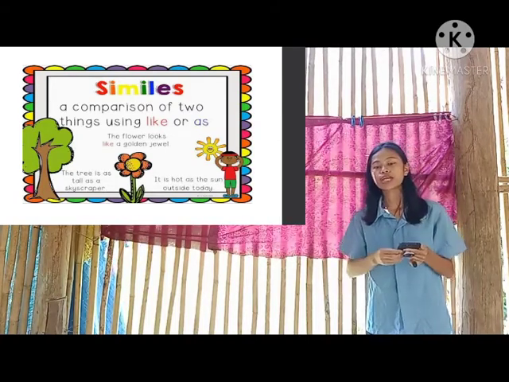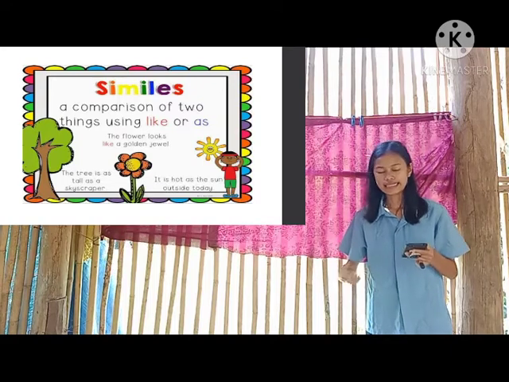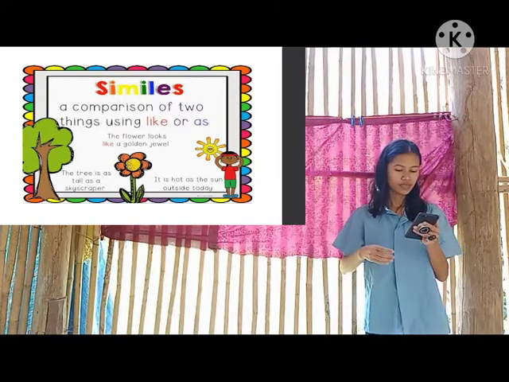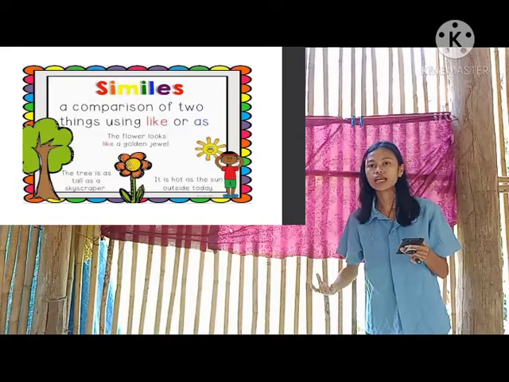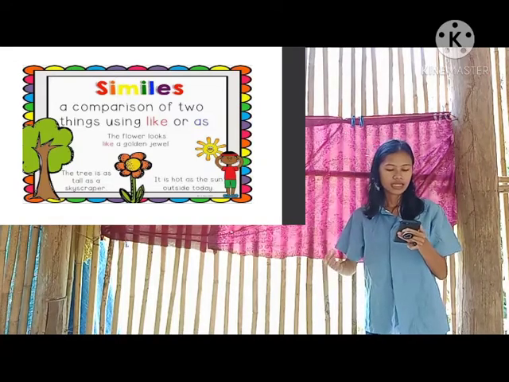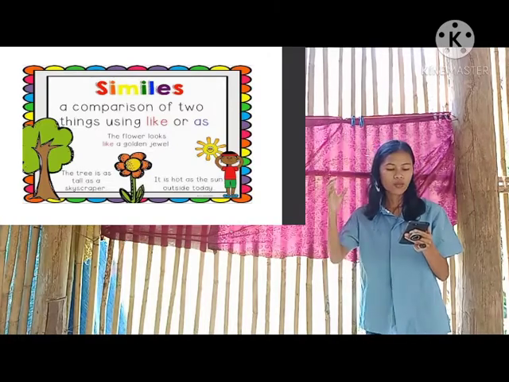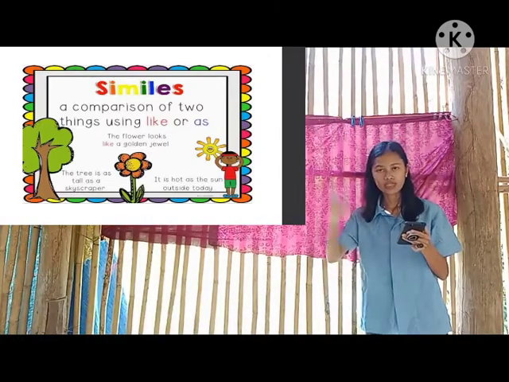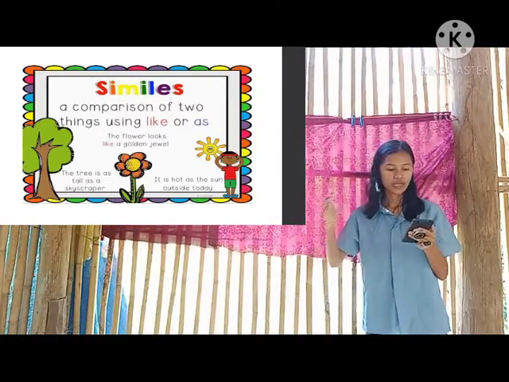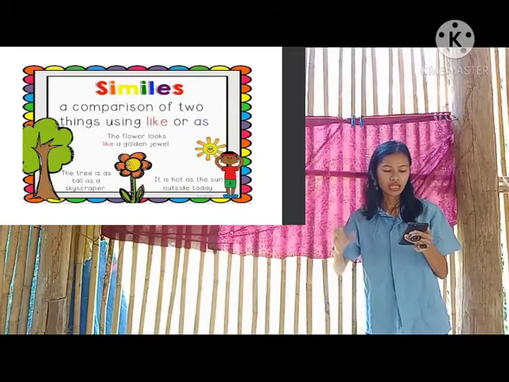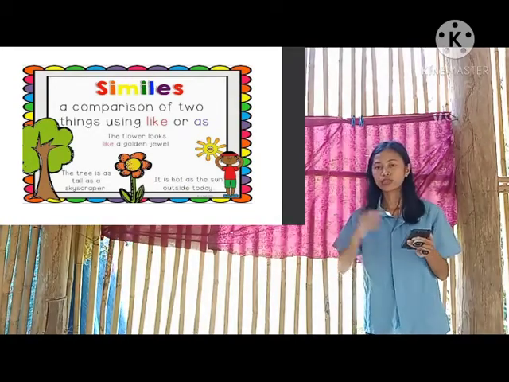So here we use the word as. And we have another example here. So our example here is, the flower looks like a golden jewel. So the comparison between the flower and the golden jewel. And we used the word like to compare.